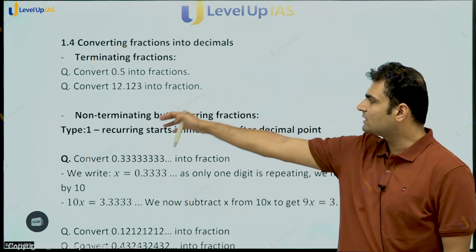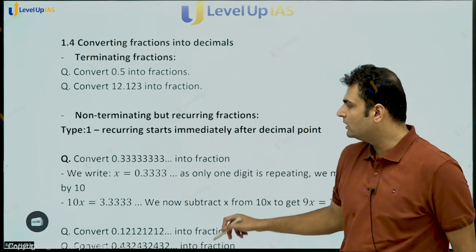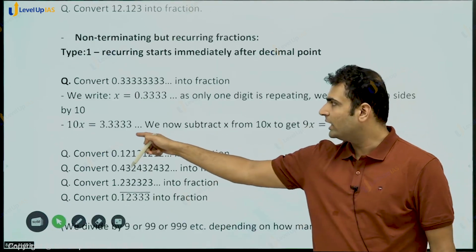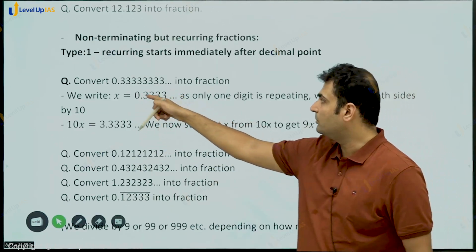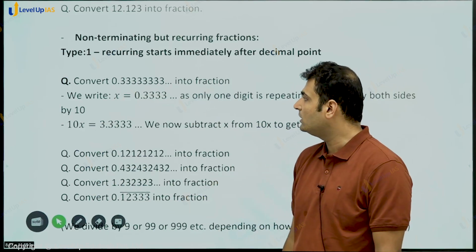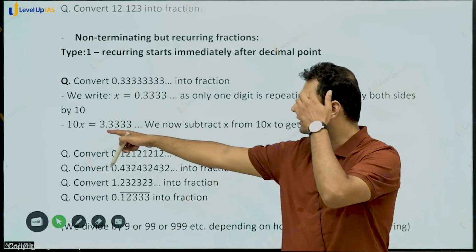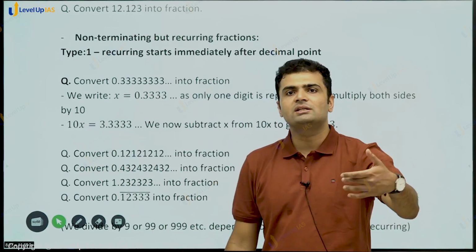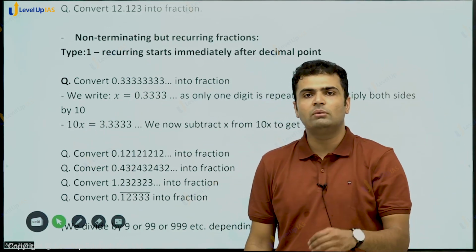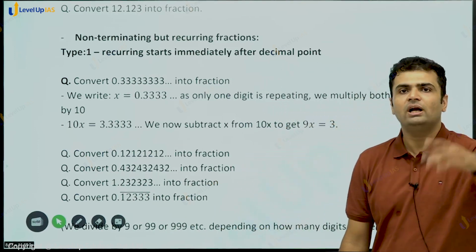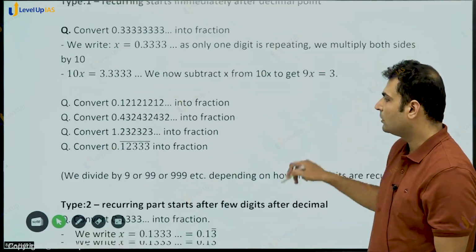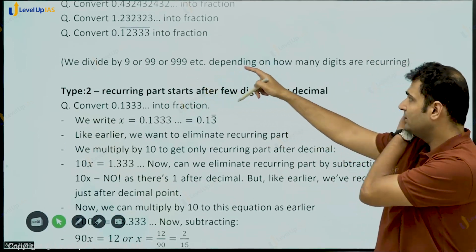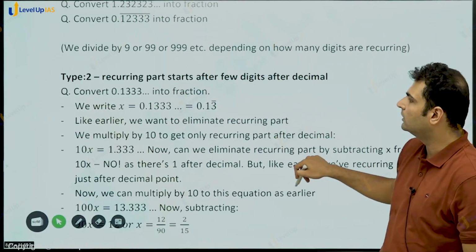If not, just remember our initial basic method, जो कि ये वाली है. x लिखो, 10 से मल्टीप्लाई करो. बेसिक जो फर्स्ट टाइप था जहां पे रिकरिंग स्टार्ट्स इमीडिएटली आफ्टर द डेसिमल पॉइंट, तो you just multiplied with relevant power of 10 to get same digits after decimal points in both multiplication and the initial quantity, so that वो subtraction करके cancel हो जाए. और बाकियों को देखो, यहाँ पे लिखा भी है वो, we divide by 9, 99, 999 depending on how many digits are recurring.